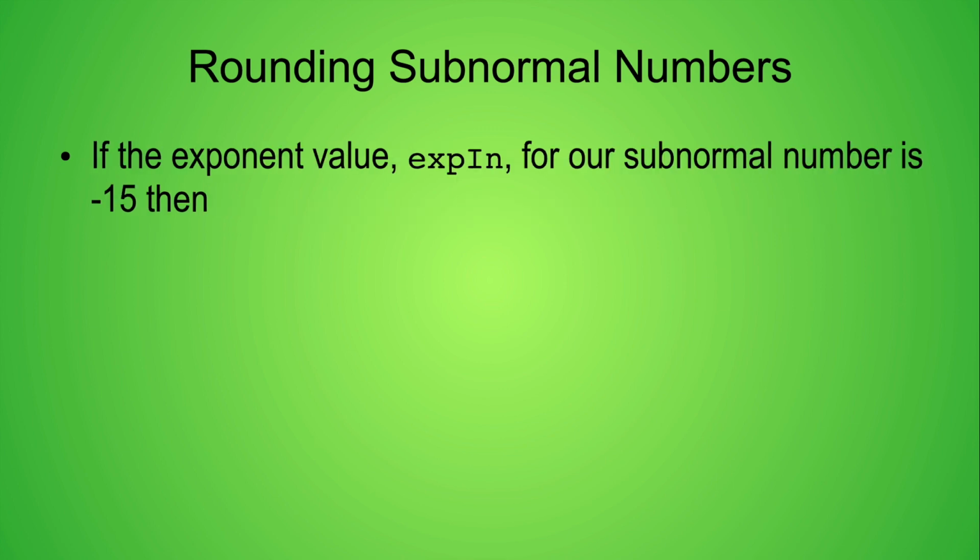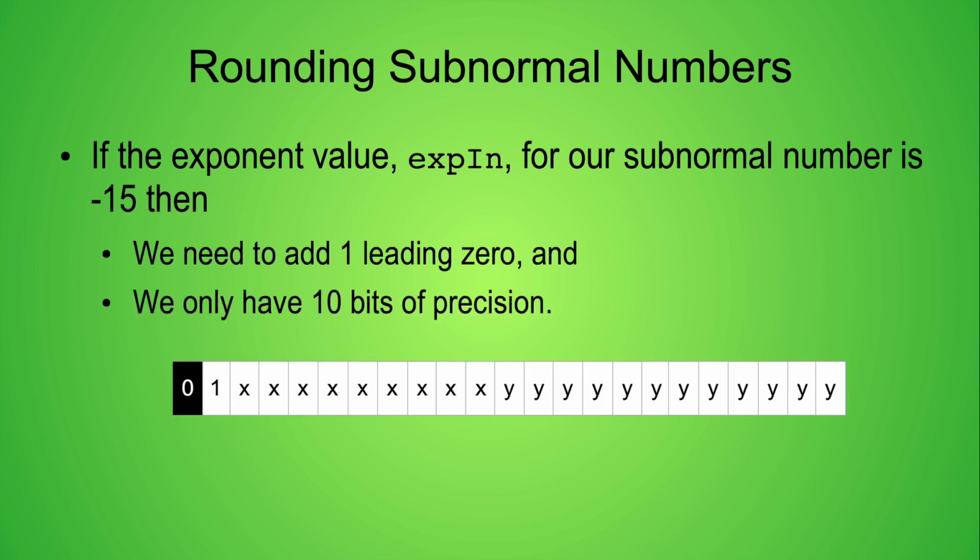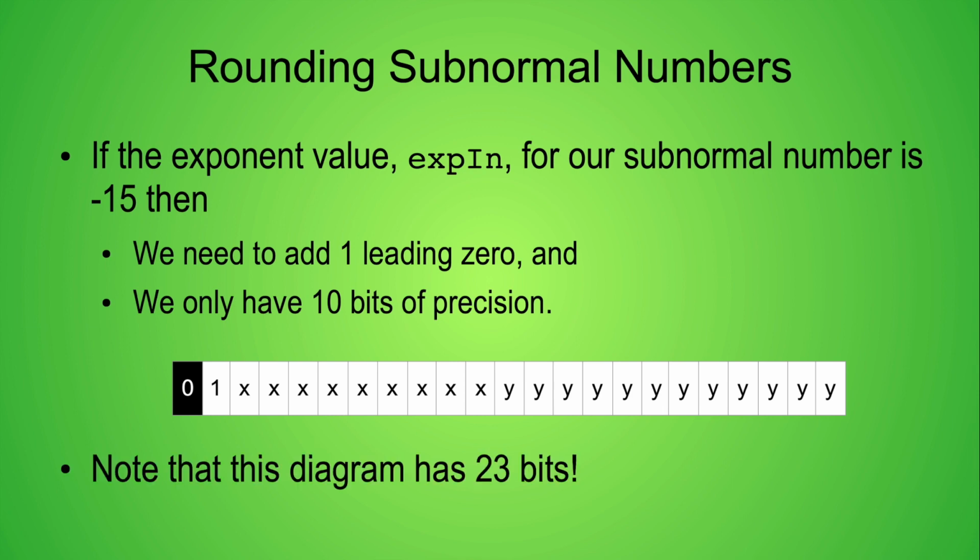So if the exponent is -15, then we need to add 1 leading 0, and we only have 10 bits of precision. Notice that this diagram now has 23 bits because of the added leading 0. Also note, I'm using zeros written in white on a black background to denote that they are zeros I've added to the significand of the subnormal number being processed.